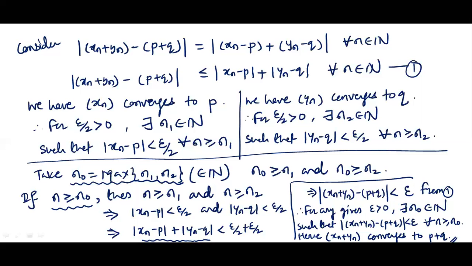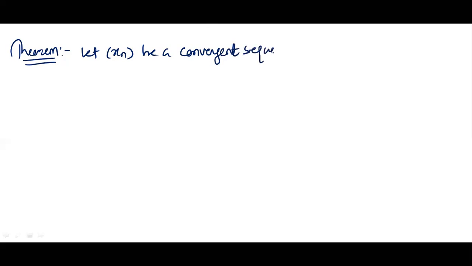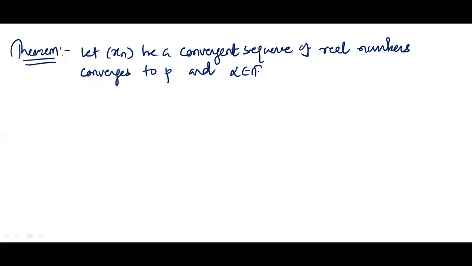Let's prove. Theorem. Let xn be a convergent sequence of real numbers that converges to p, and alpha is any real number.